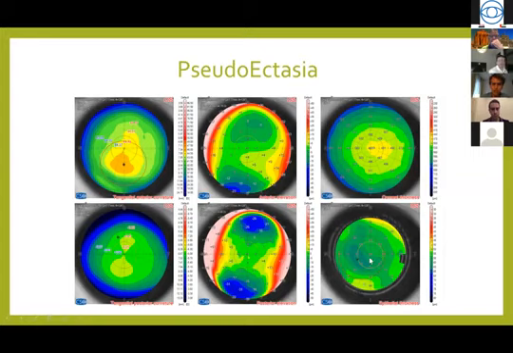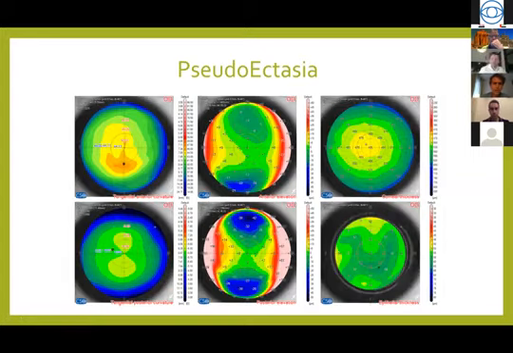And this is the contralateral eye, where it is the same. So we have symmetry among eyes with a very doubtful inferior asymmetry, where the posterior elevation is absolutely normal and the rest of the parameters are normal except the thinning of the cornea, but this pseudoectasia is caused by a thickening of the epithelium.